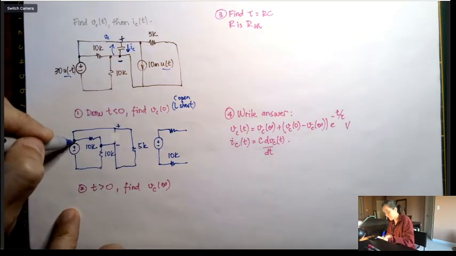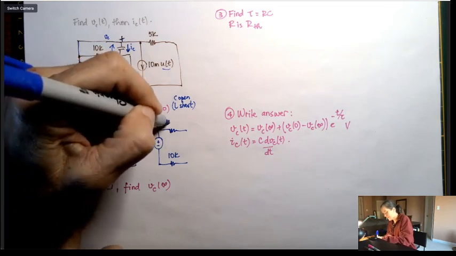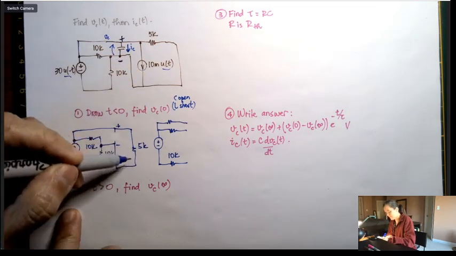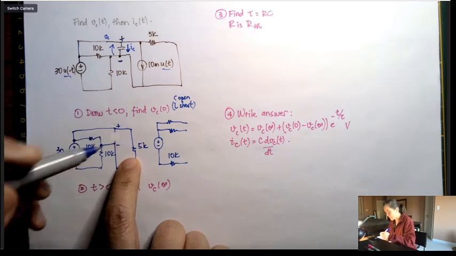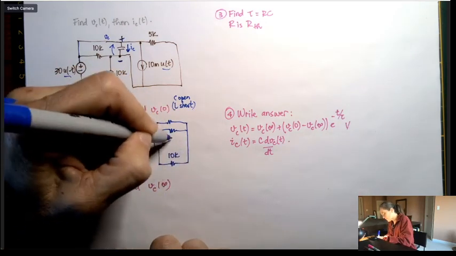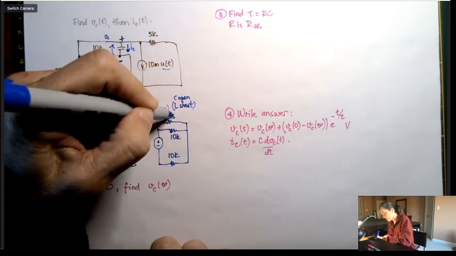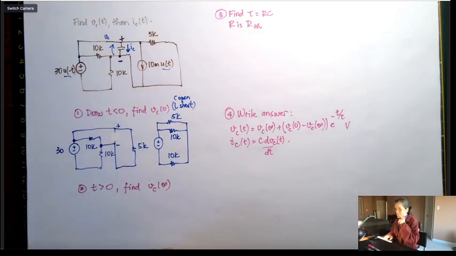Is that true? This and this, great, yeah. And the other side of the 5K goes in between the two 10K. So hopefully this makes the circuit a little bit easier to see. And the capacitor is still here, the plus and the minus.